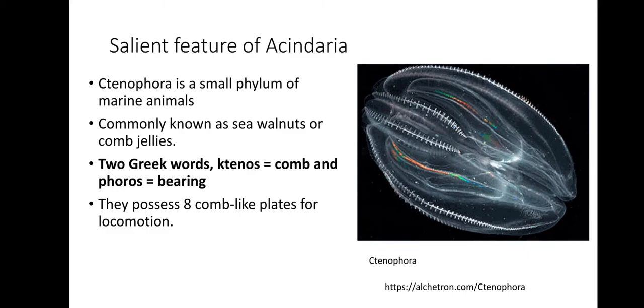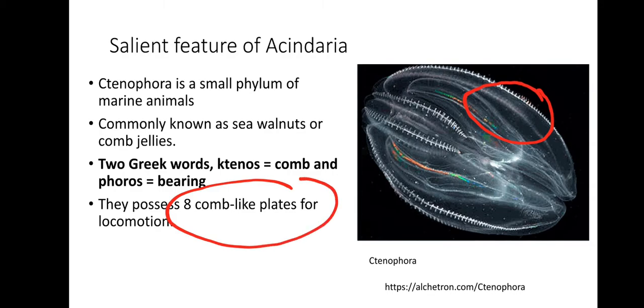See here, the name is because they have these, can you see, does it look like a comb? Okay, it looks like a comb, isn't it? So here, since these teeth-like combs are present on their surface, they get their name Ctenophora. And how many are there? Usually they possess around 8 such plates.